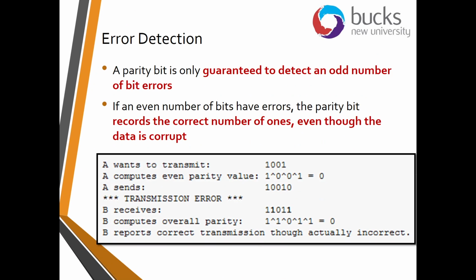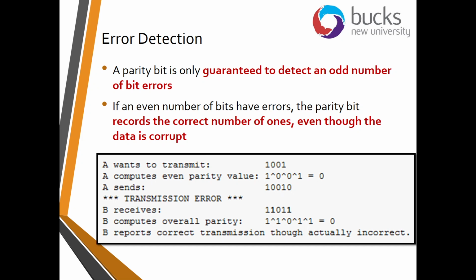So a parity bit is only guaranteed to detect an odd number of bit errors. If there's an even number of bit errors, the parity bit records the correct number of ones, even though the data is actually corrupt. So in this case, we're sending the same example again, 1001, create our parity value of 0, add that to it and transmit.